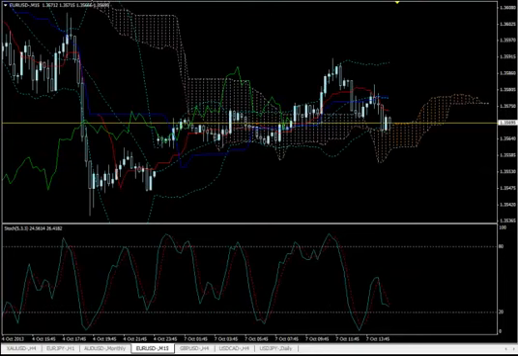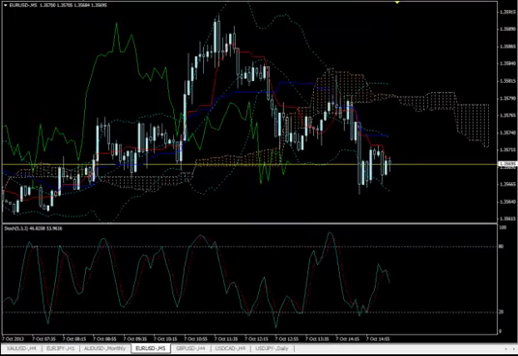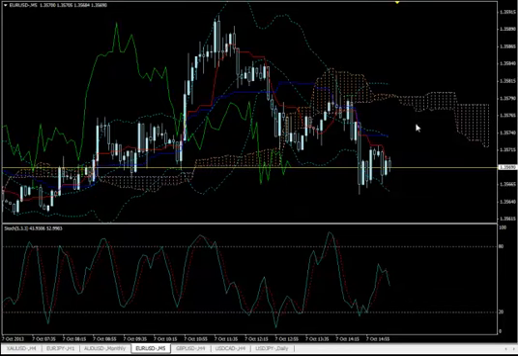And on the M15 time frame, we see that the price made this correction, but it's going to go up again. We see slowly the fast stochastic turned upwards. On the M5 time frame, we see that the price is moving close to the lower Bollinger Band, but with bullish intentions.